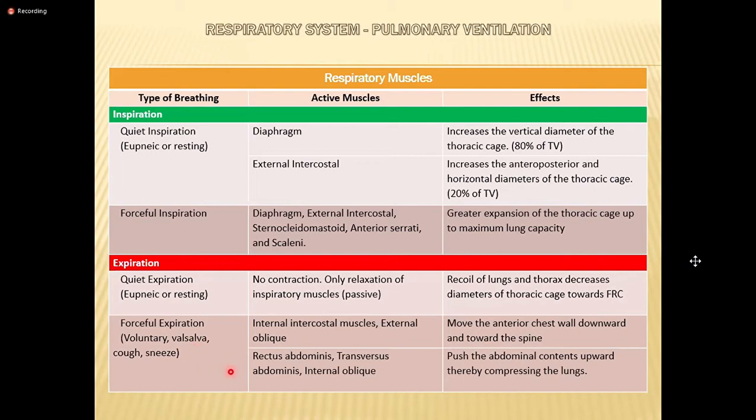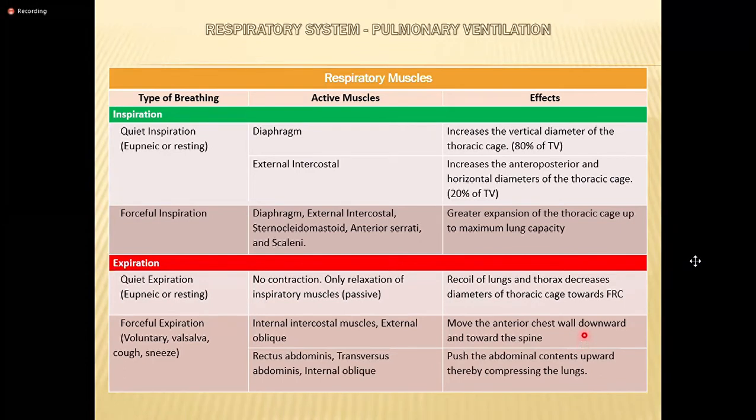What happens? The muscles involved are your internal intercostal muscles, your external oblique, your rectus abdominis, transversus abdominis, and your internal oblique. What happens with your internal intercostal muscles and your external oblique? You move the anterior chest wall downward and towards the spine.